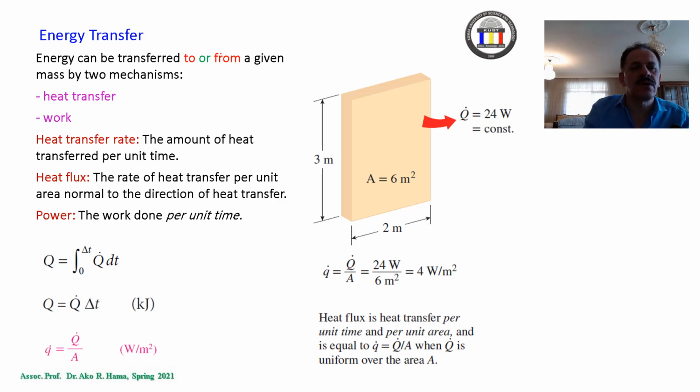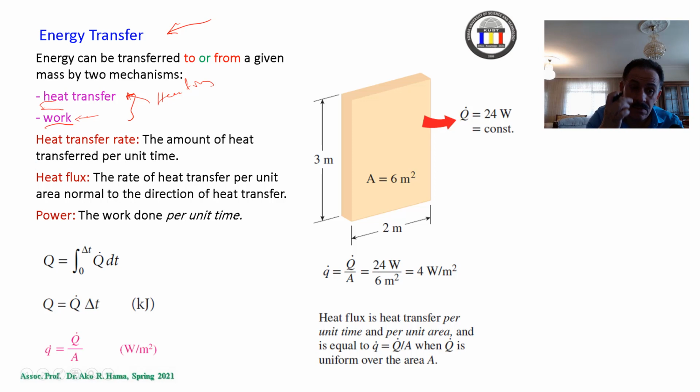Now it's time to talk about energy transfer. We say that the energy we have is in two manners. Energy can be transferred either as heat or as work. So heat or heating will help you to know that there will be a change in the energy, and there will be also work.